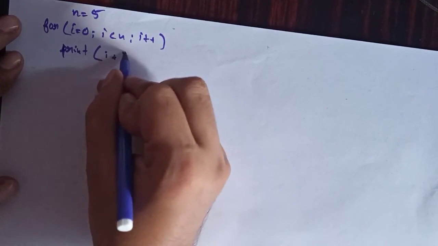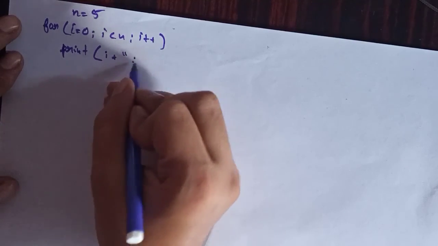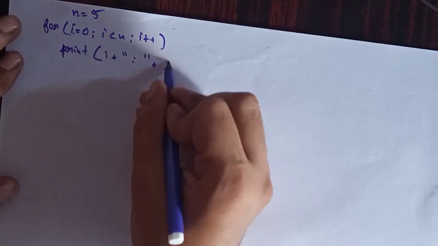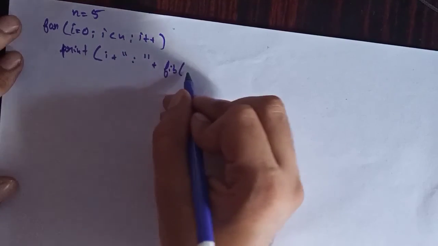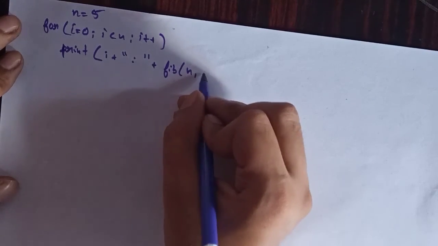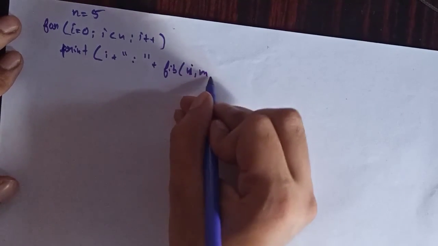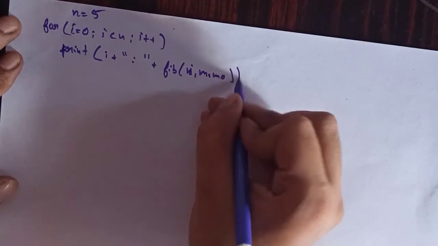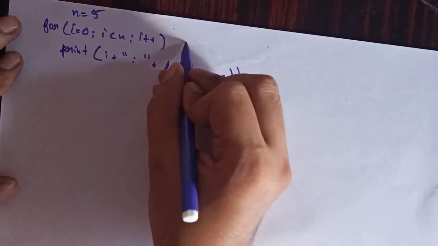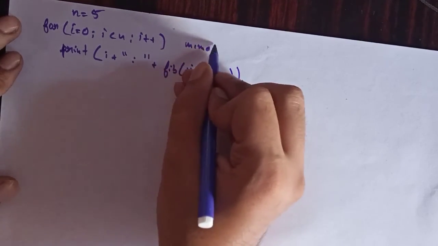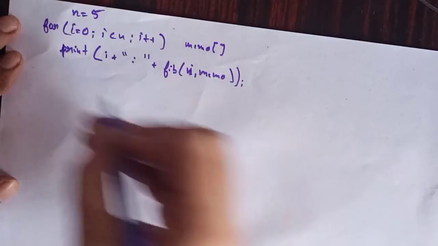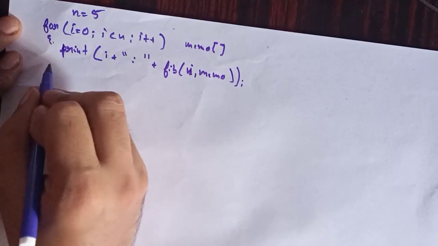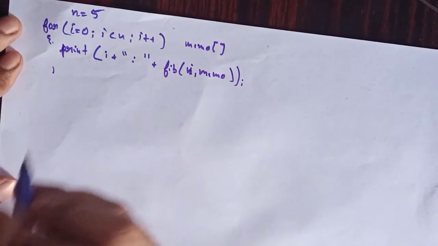It is fib of i, comma memo. That is what we are passing. Memo is our empty array currently. We have passed this, and what do we get?